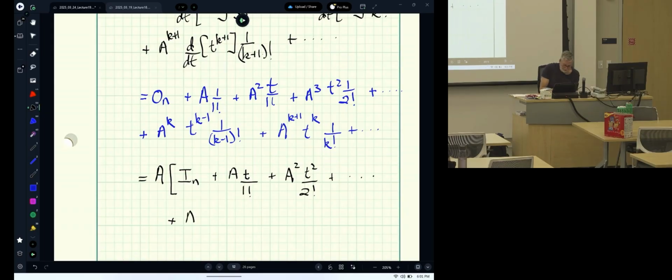Here, I get A to the k minus 1, t to the k minus 1, over k minus 1 factorial. Here, I've got A to the k, t to the k over k factorial.